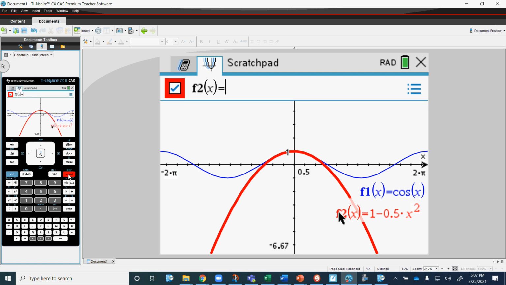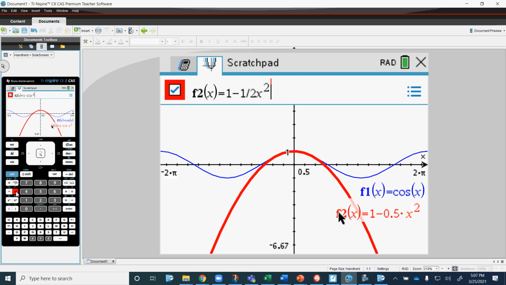So we had 1 minus 1 over 2 x squared plus 1 over 24 x to the 4th minus 1 over 720 x to the 6th.